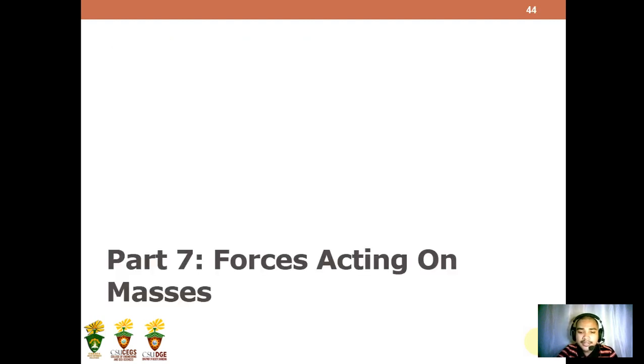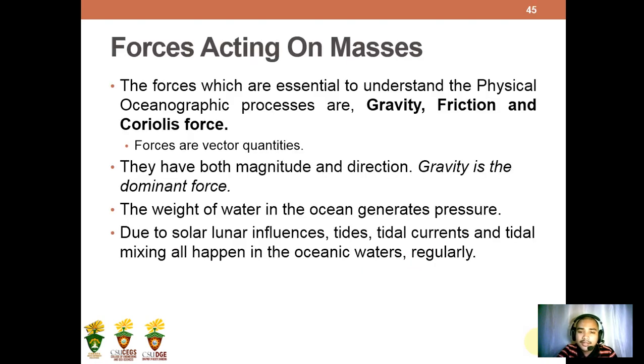Moving on to part 7 of this material, which is all about the forces acting on the masses. These forces are very essential to understand in studying physical oceanography. So first, we discussed the physical aspects or the physical setting, including its historical explorations and expeditions.